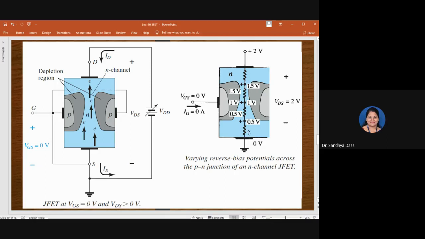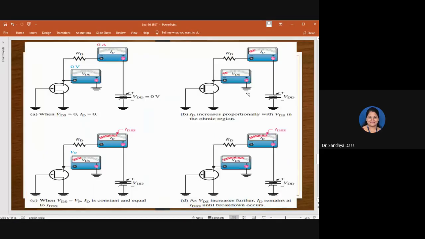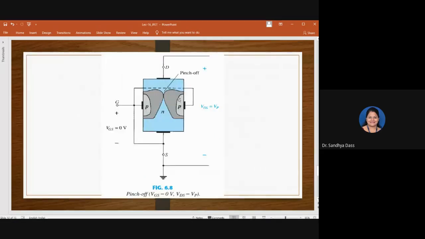Resistance is increasing means it is now a resistance to the flow of charges, isn't it? There is a point where the VDS value reaches VP. VP is a condition where pinch off happens. Pinch off is a condition when the depletion regions at both ends go on widening and touch each other.